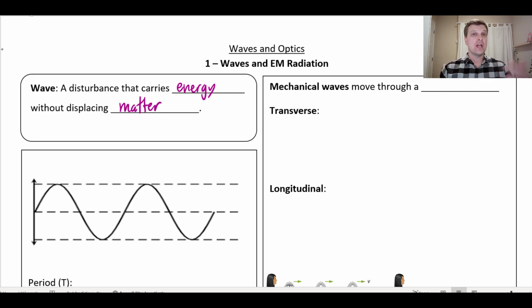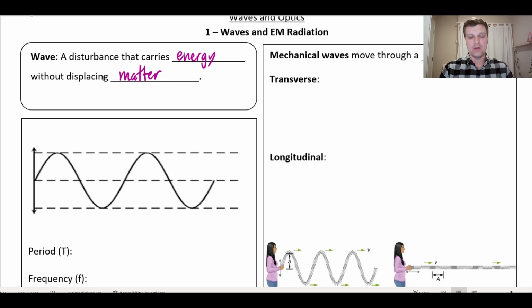But what has been transmitted through that water is energy, right? You could imagine a surfer could use that energy to ride along that wave. And this is true about all waves, whether it's sound or light or waves in a spring or whatever it is: energy gets transmitted without actually displacing the matter that might be moving along with the wave.